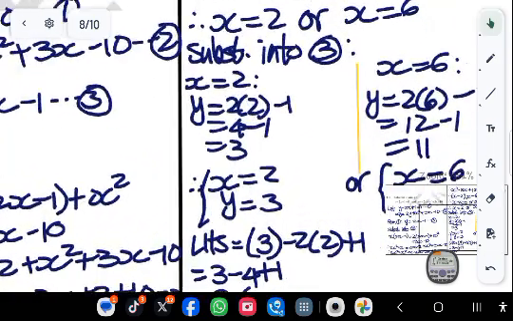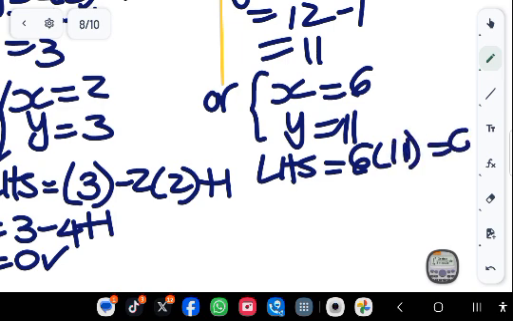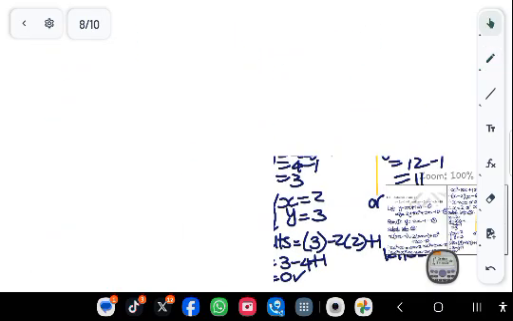The left hand side will be x times y, which is 66. Let's check the right hand side if it gives us 66.